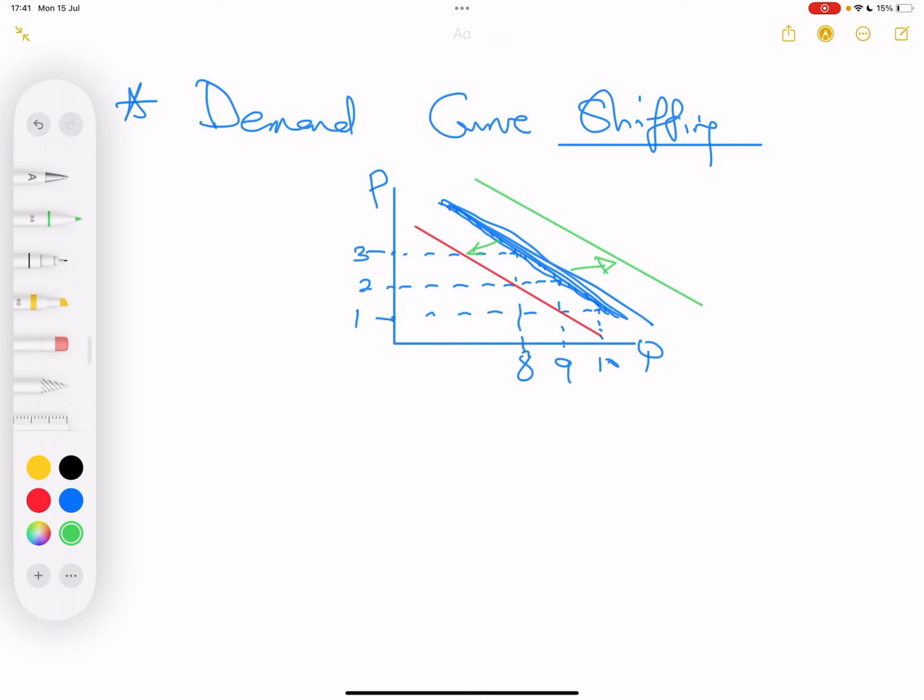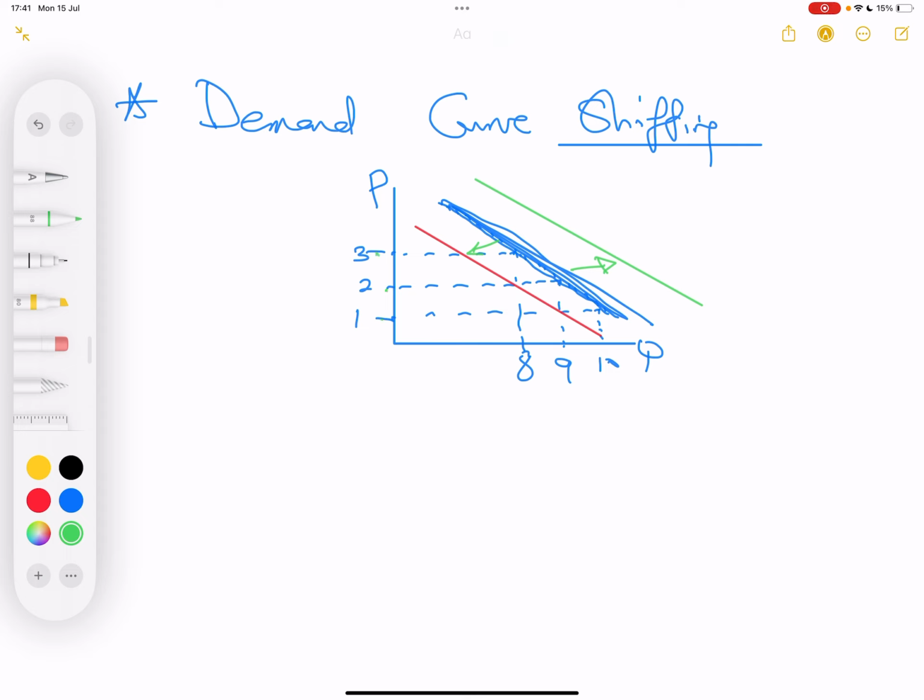Right? So you need to make sure you don't get confused. It's very important. A change in price for whatever reason will cause a movement along the demand curve. That is what I did earlier, moving along the curve. That is because I'm changing the price. So I'm moving along the curve.